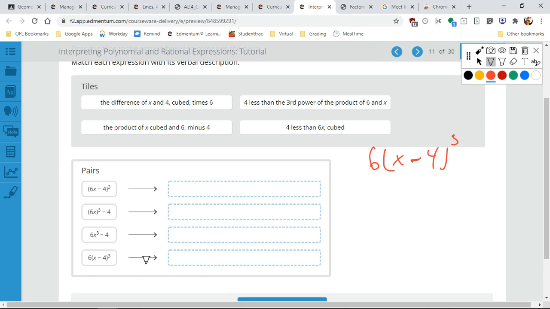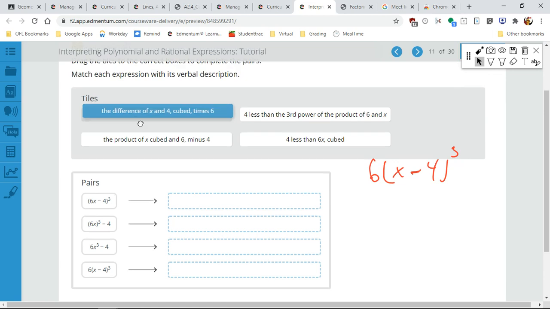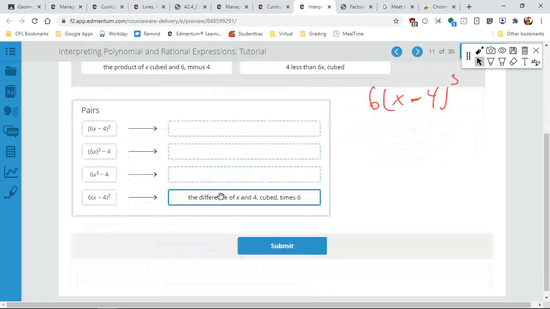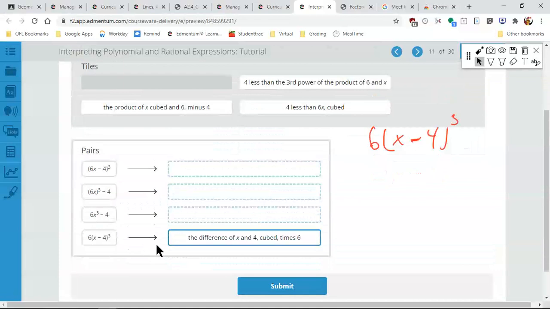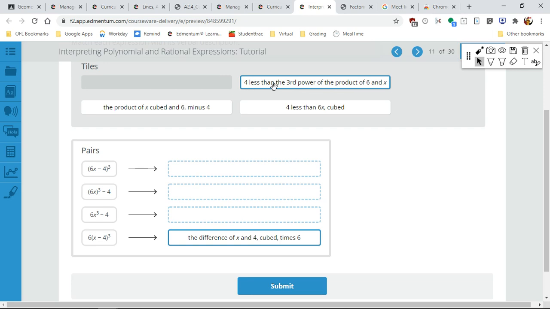So, it would look like this. And we'll see that most of these kind of look the same, right? So in this case, if we're looking at the difference of this, we're looking at this one over here. Now that seems obvious because I broke it down slowly, but watch this. 4 less than the third power of the product of this. So let's kind of start going out. 4 less than.